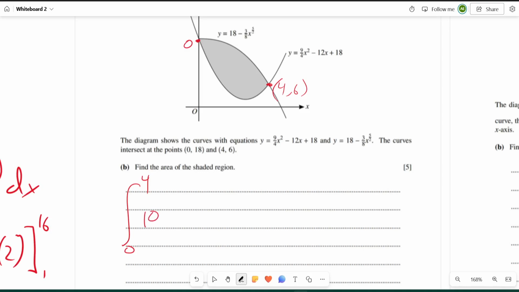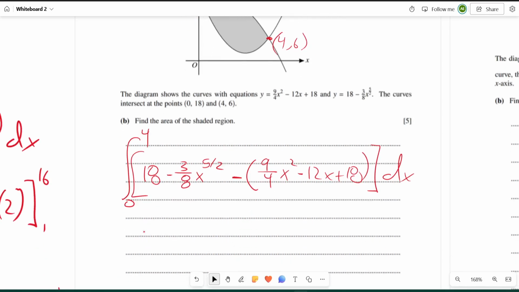So I'm going to do 18 minus 3/8 x^(5/2), the top function, minus a big minus, the function down, which is 9/4 x squared minus 12x plus 18, all into dx.